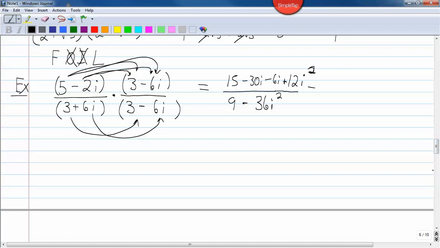Anywhere that I have like terms, I'm going to combine those. Anywhere that I have an i squared, I'm going to plug in a negative 1 in parentheses.